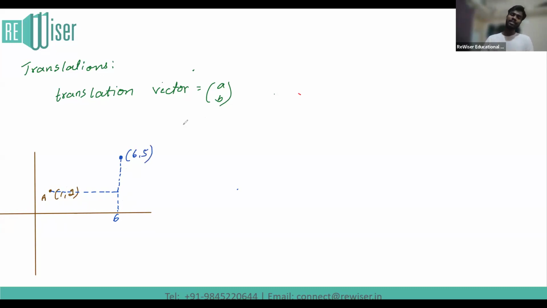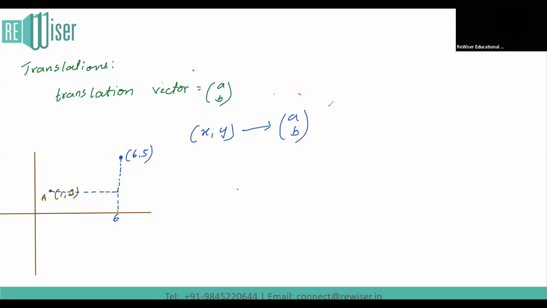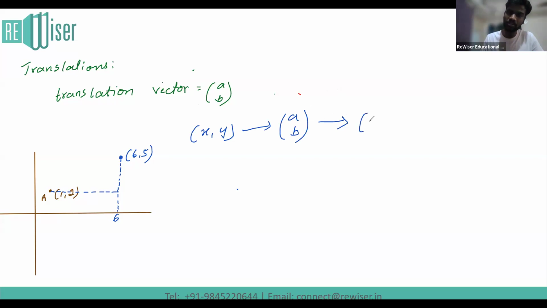The general rule you should be aware of is that whenever you want to move any point x, comma y, by a translation vector AB, the resultant point is going to be x plus a, comma y plus b. This is what the translation vector does.